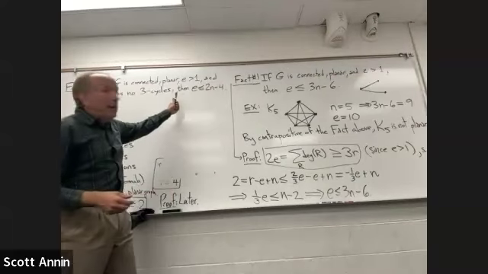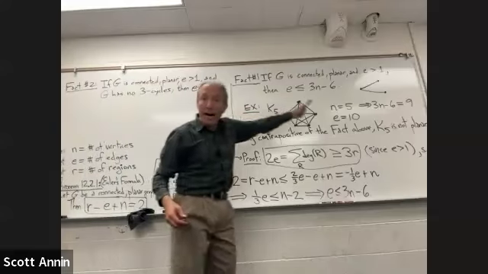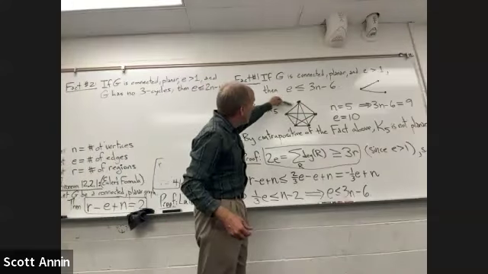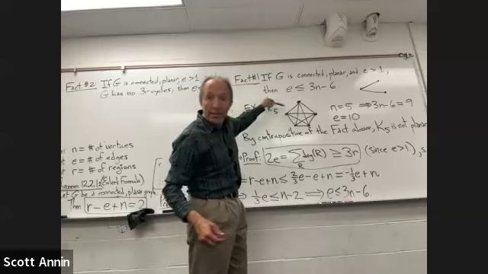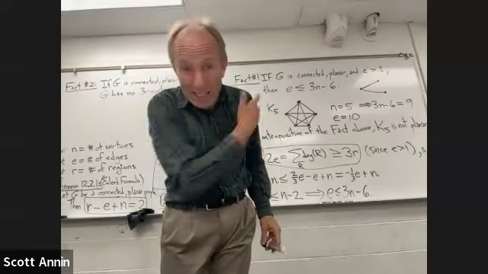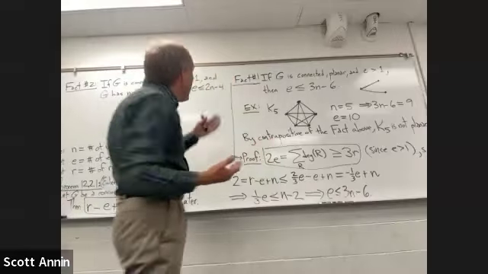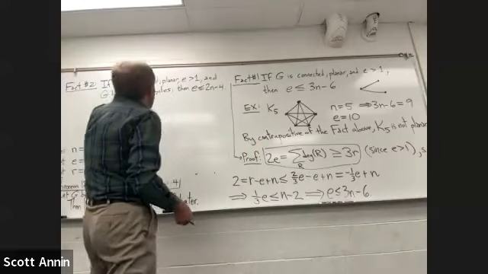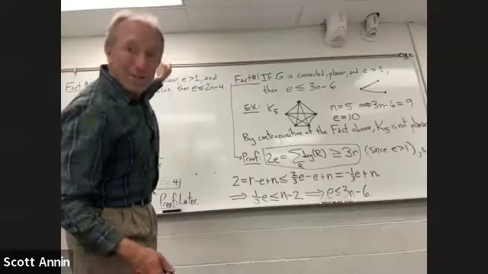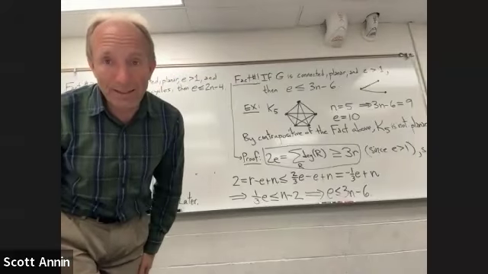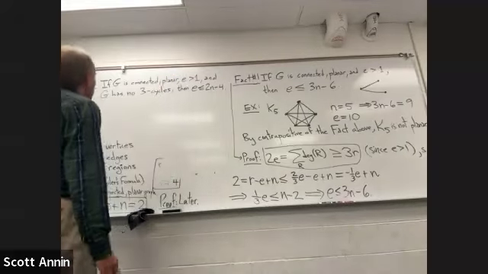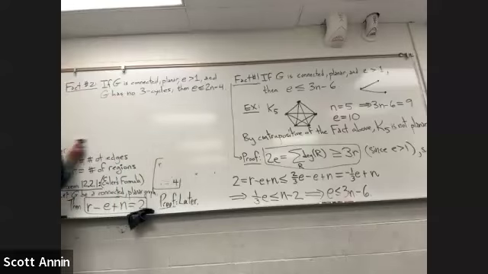But I would not have been able to use this fact on K5, because K5 does have triangles in it. If I see a triangle in the graph, that's a 3 cycle. So any graph that has a 3 cycle would not be eligible for this fact. But in a minute, I'm going to give you a great example.